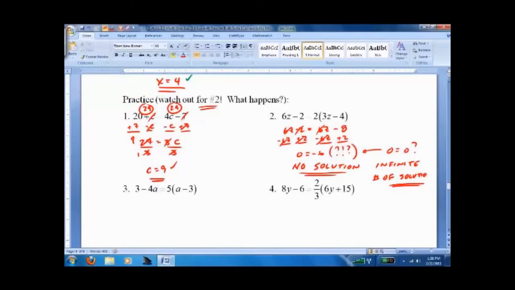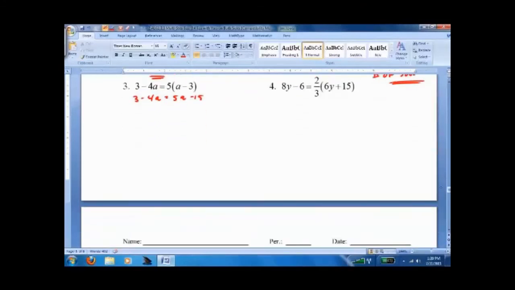Two more examples. And distribute first. I'm going to subtract 5a from both sides since I don't mind working with negatives. Minus 3 from both sides. I get negative 9a equals negative 18.